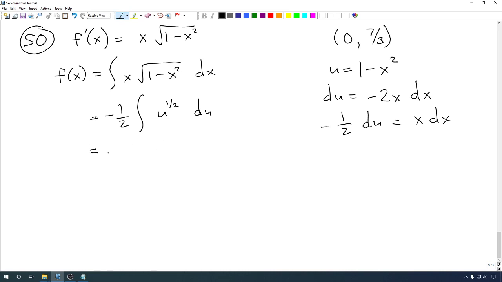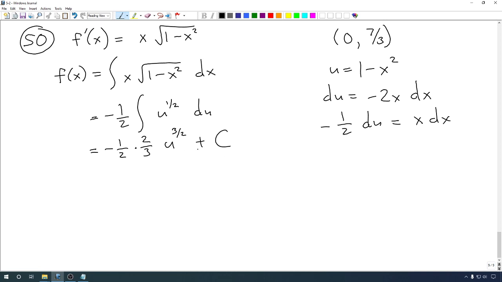Now we go ahead and take our integral. U to the 1/2, we raise that power by 1. 1/2 plus 1 is a 3/2. We need to divide by the new power, the 3/2, which means that we multiply by the reciprocal of 2/3. We do have a plus c in there.